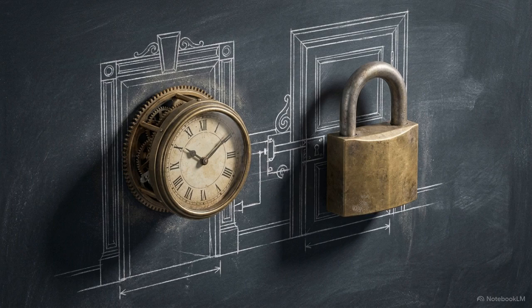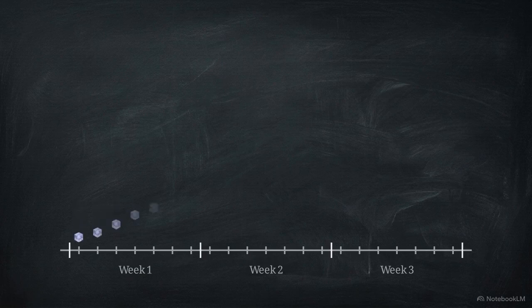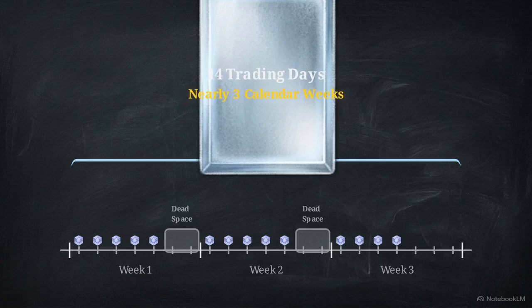We have to address market microstructure, specifically the impact of designated trading hours. The 1978 New York Stock Exchange operated strictly 5 days a week, shutting down entirely for weekends and holidays. In that environment, 14 trading days actually represented almost 3 full calendar weeks of market action and price digestion.